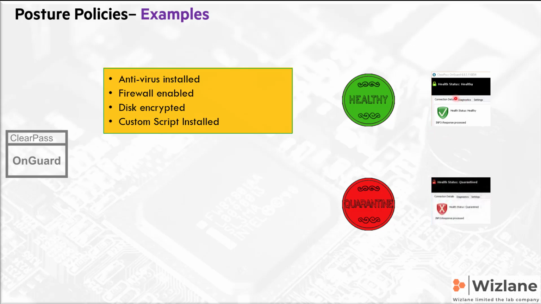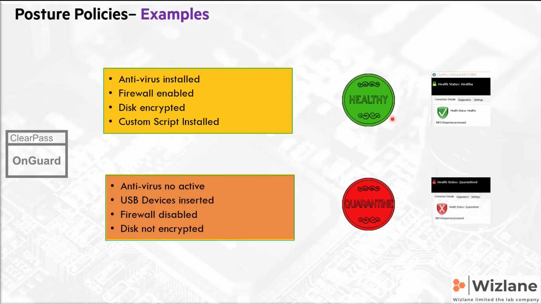That information is communicated back with ClearPass OnGuard. On the same basis, if I have issues with my machine based on my policy, the machine will be checked, and the quarantine token in this example is going to be generated, communicated back to ClearPass OnGuard. So the token information is updated back on the ClearPass OnGuard.